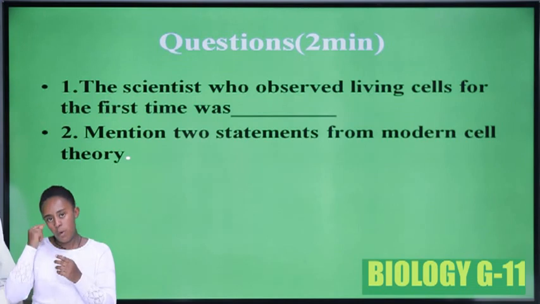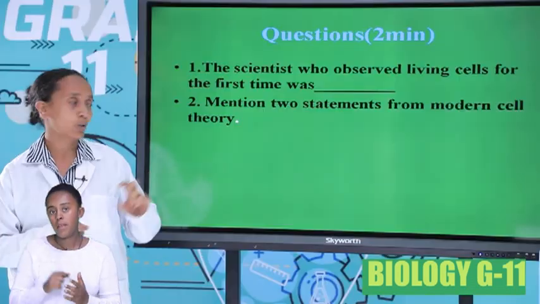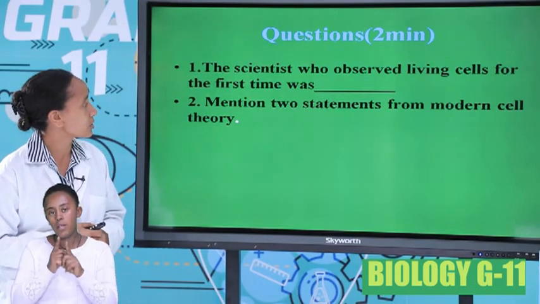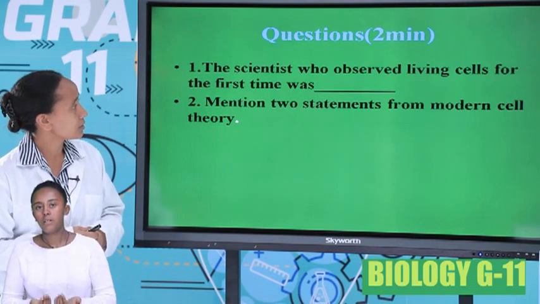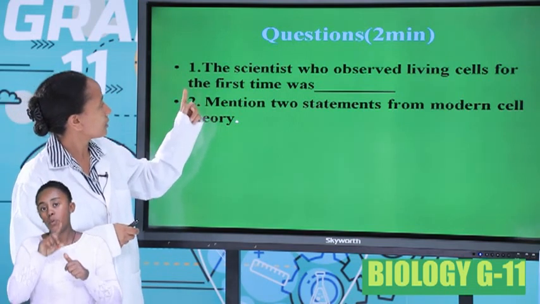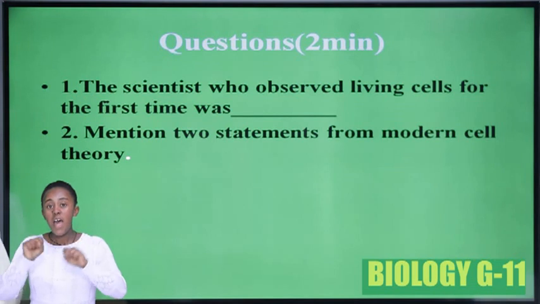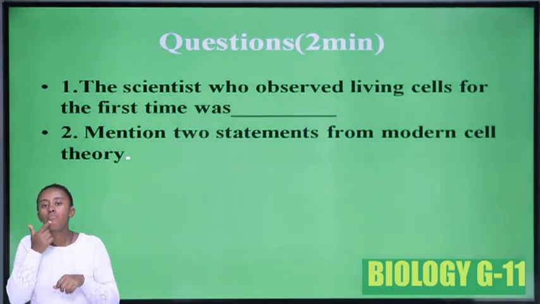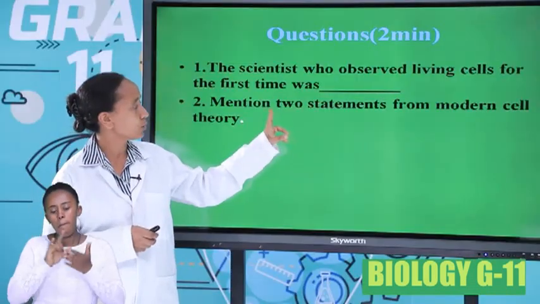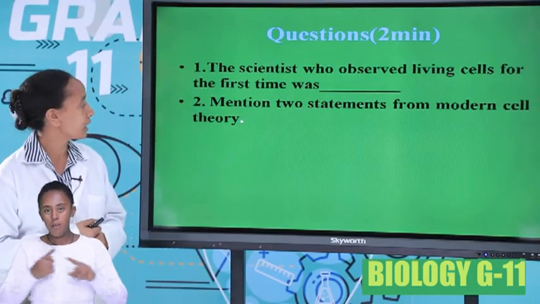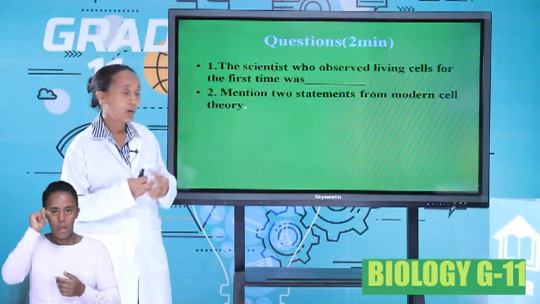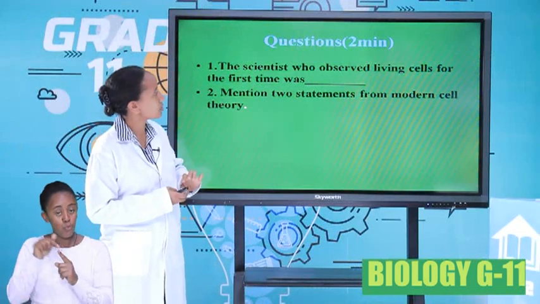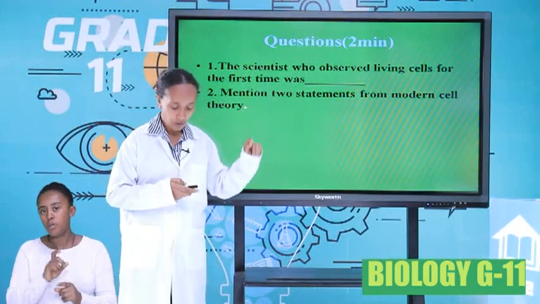So now it's time to have a break in order to answer these questions. We have two questions. The first question, the scientist who observed living cells for the first time was dash. And the second question, mention two statements from modern cell theory. You are expected to answer these questions within two minutes.